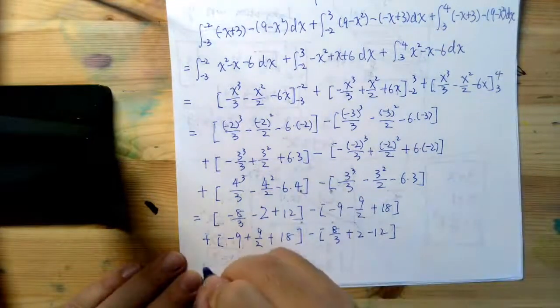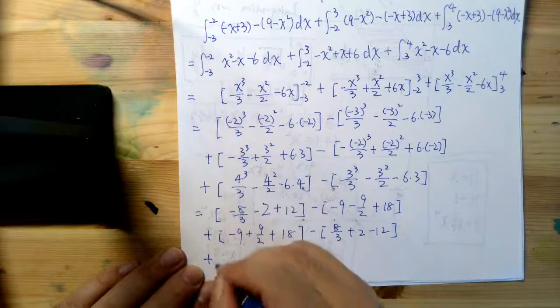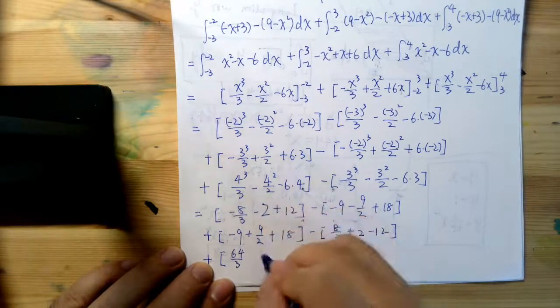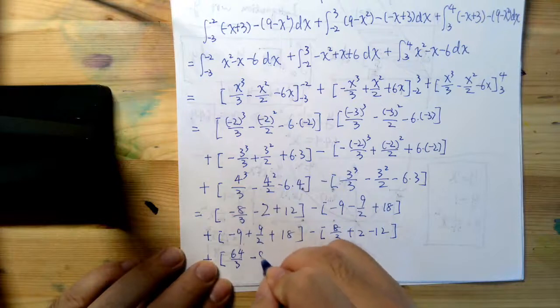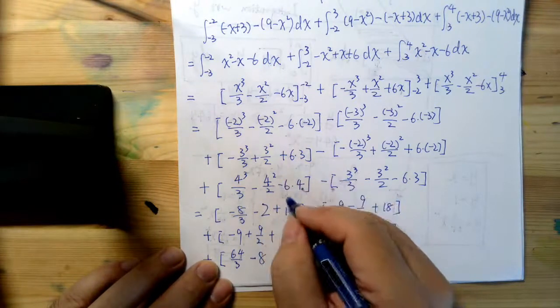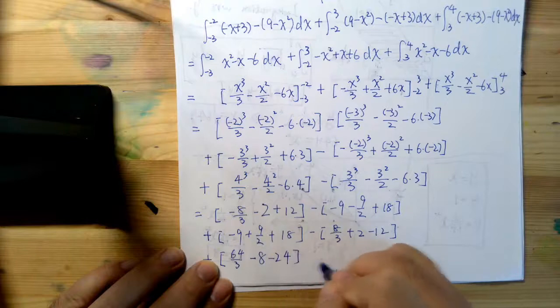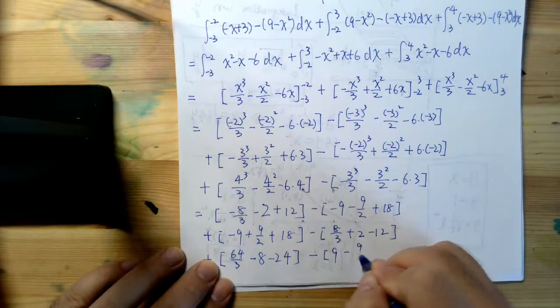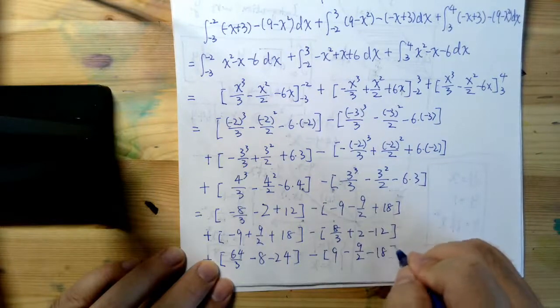And then plus 64 over 3, 16 over 2 is 8, minus 24, and then minus 9 minus 9 over 2 minus 18.